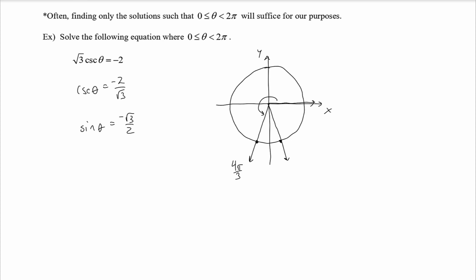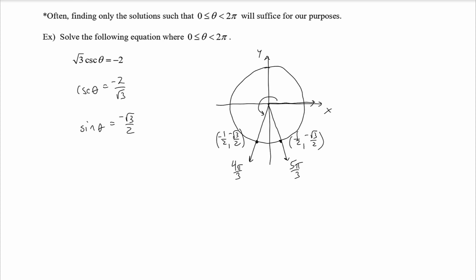And then if I keep going, it's going to happen again at 5 pi over 3, because basically I'm going left 1/2, down √3 over 2, right 1/2, down √3 over 2. Those are angles we work with all the time, right? That's 4 times, it's 240, so that's 180 plus 60. And then this is 360 minus 60, so that's 300 degrees. So that's 60 degrees in there. So we end up with those two terminal sides.